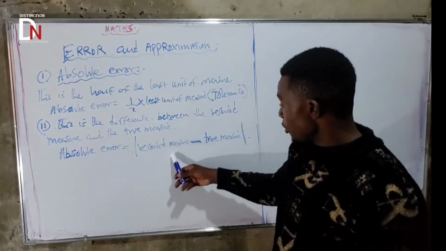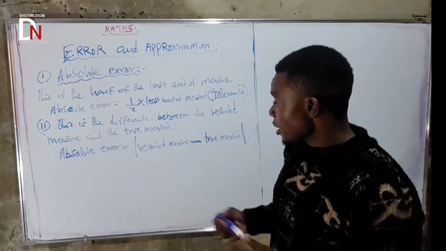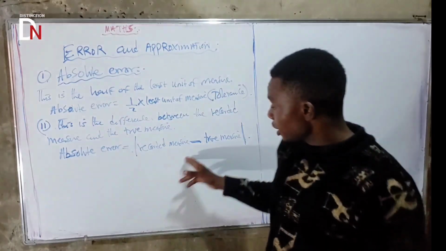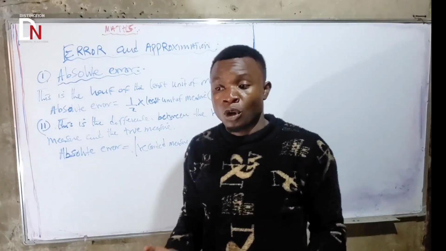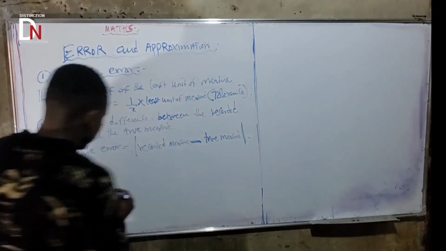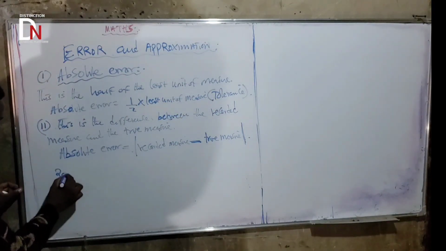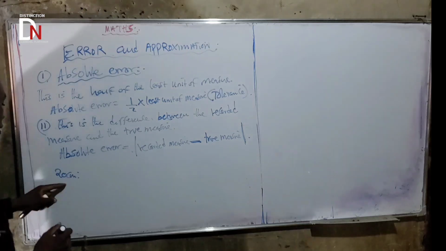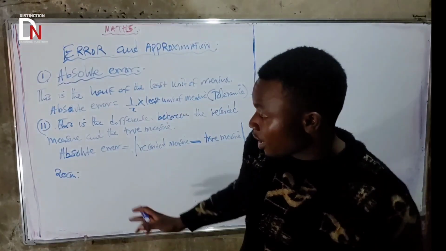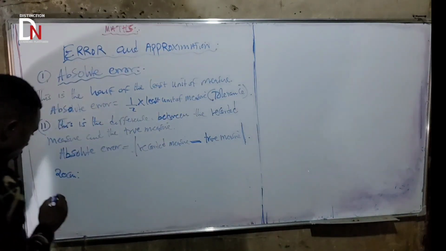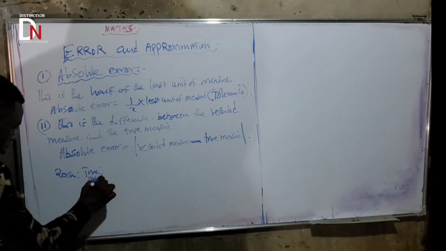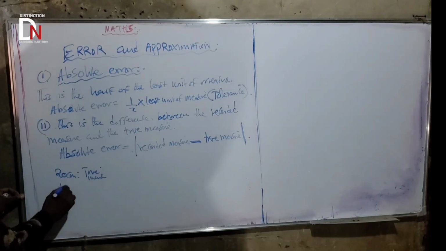So if I put the modulus bars, it implies that sometimes when I'm measuring something, I can be given a true value of, for example, a book that is 20 centimeters, and I'm told to take the measurement of that book, and I find that my recorded measure is maybe 18 centimeters.